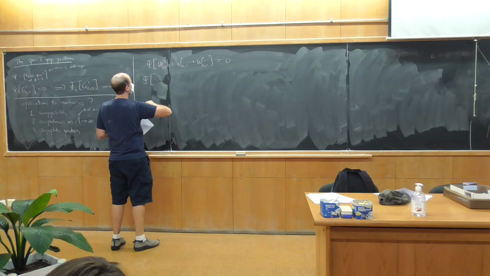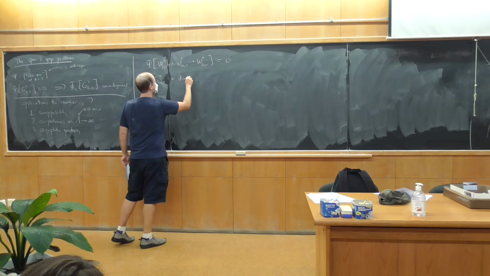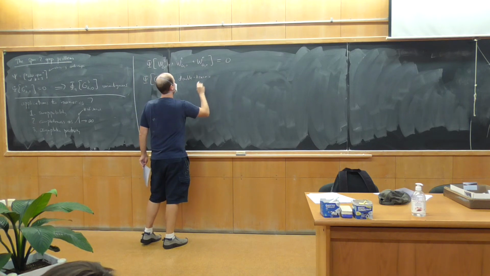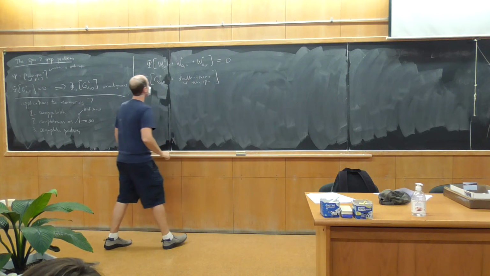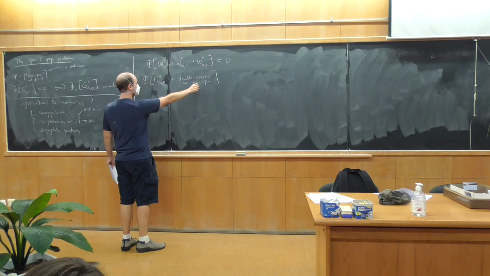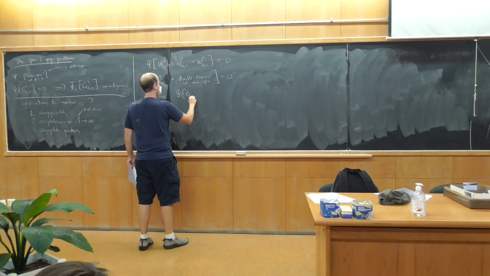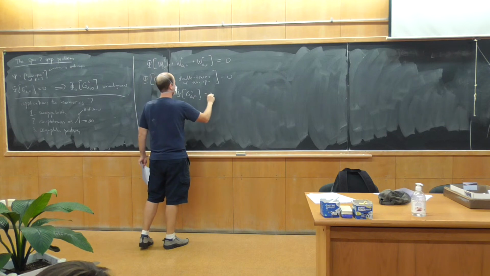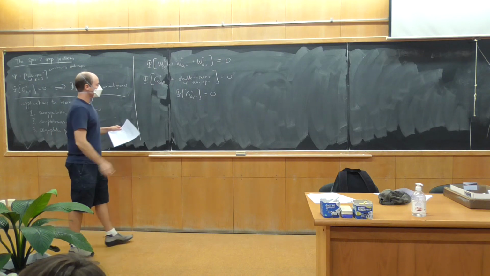Well, this sum of Witten diagrams has an S-channel expansion that involves the S-channel block for the exchanged operator plus double traces with even spin. But then of course psi vanishes acting on these. So we get that psi acting on G delta 0 is 0. Okay, so that's the proof.